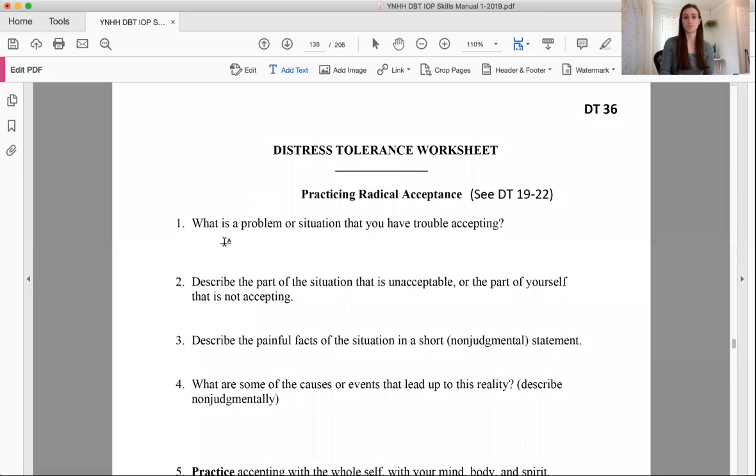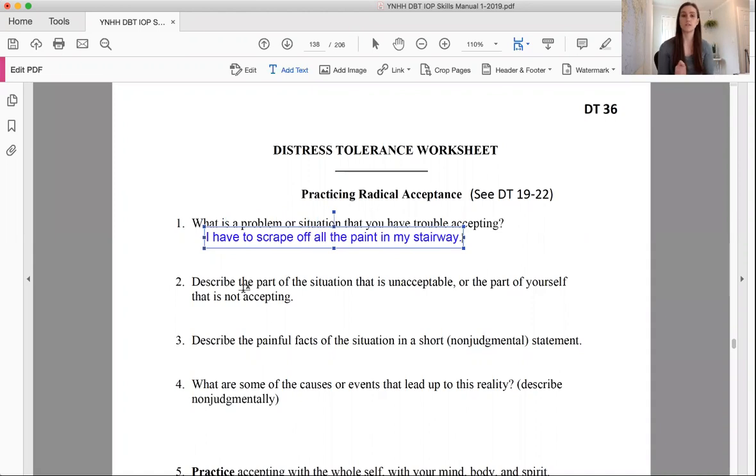Okay, so what is the problem? I have to scrape off all the paint in my stairway. And this is going to take a long time. Okay, so now we have the problem laid out super succinctly.